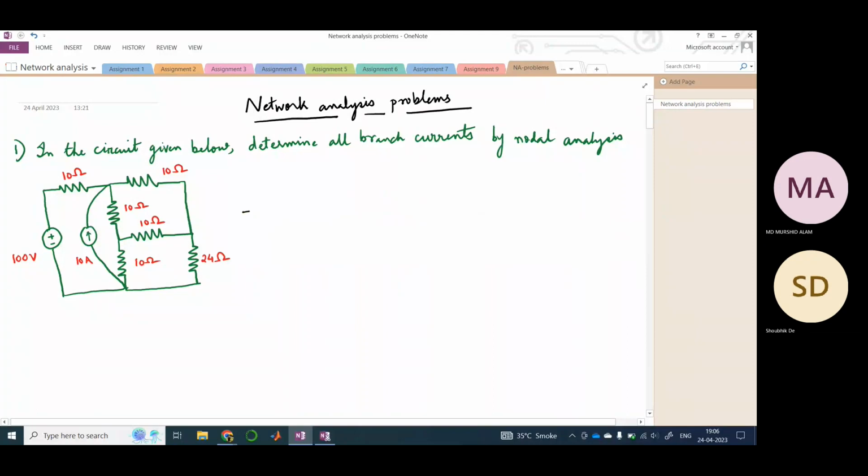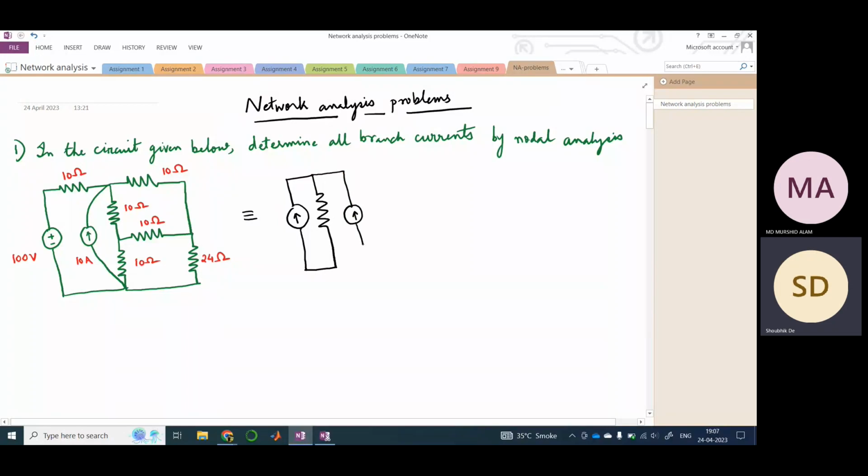The circuit would be something like this if we redraw it. This 10 ampere current source is connected from this point to this point, so we can also draw this current source like this only, right?